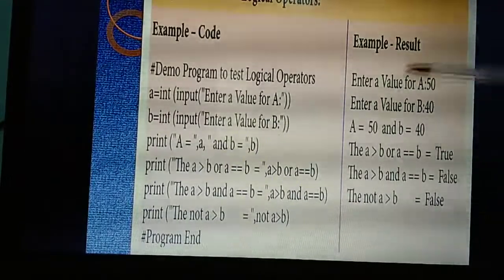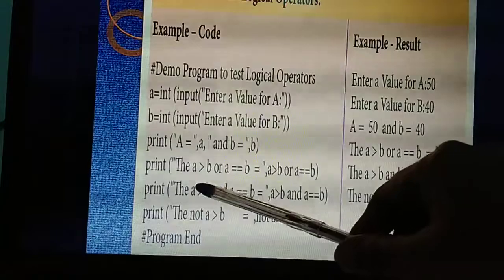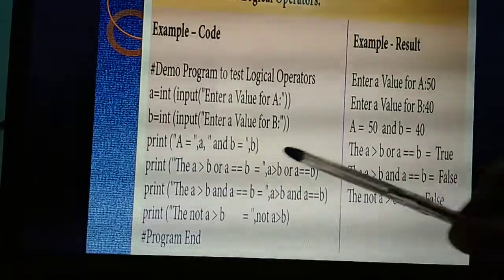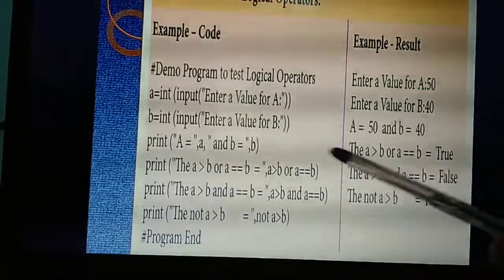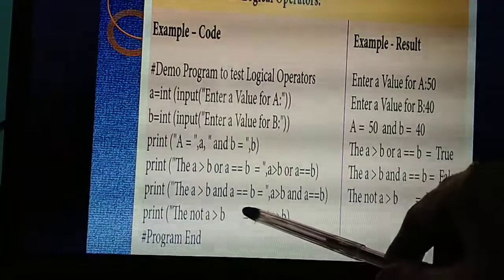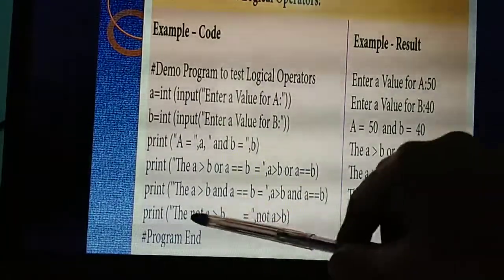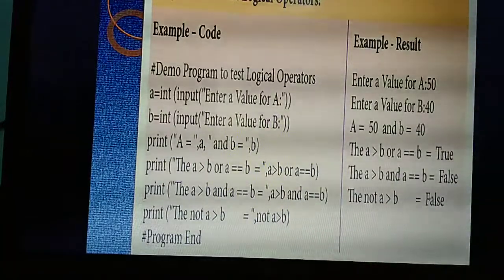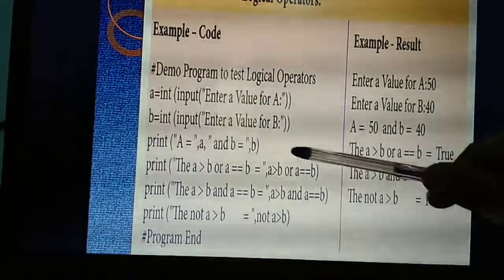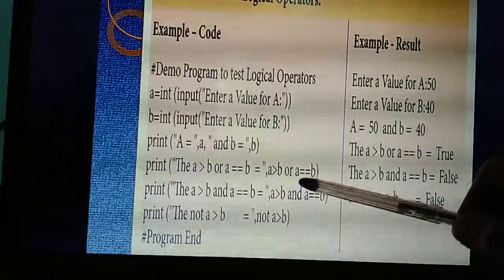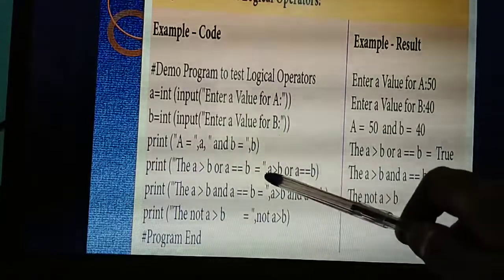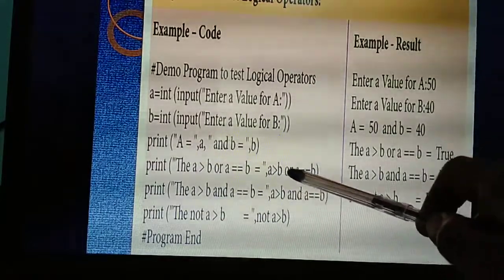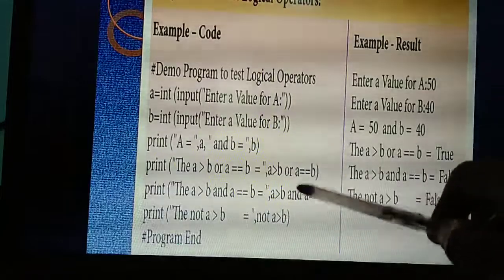See this output, then only you will understand. A greater than b or a double equal to b. A greater than b and a double equal to b. Then not. Up to this, they have just given statements like comments. So here only you are going to calculate or compare. Here listen, a greater than b or a: three operators are given.